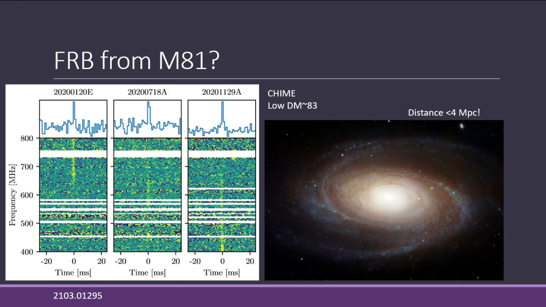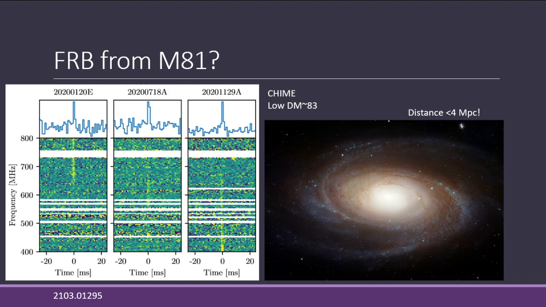You see this galaxy on the photo, and I believe that many of you saw this galaxy before, maybe even with your own telescopes, because it's quite easy to see it as a spot in the sky, even with a small instrument. So the first good news is that the source is very nearby. It's closer than 4 megaparsec.